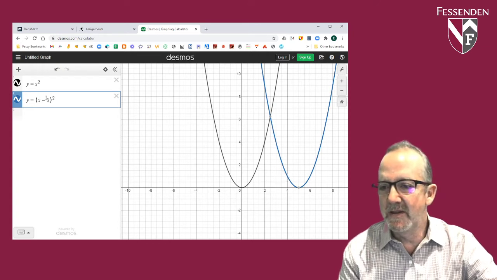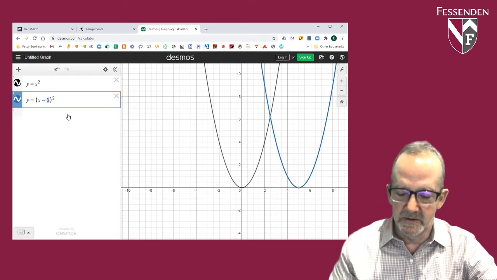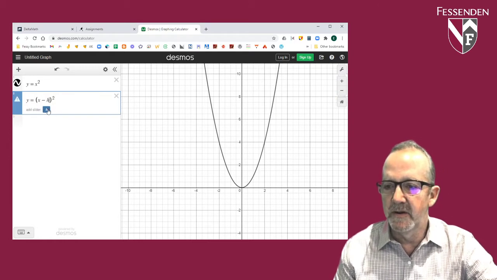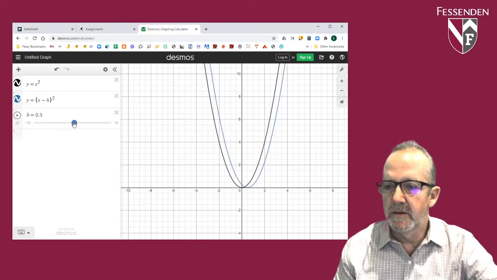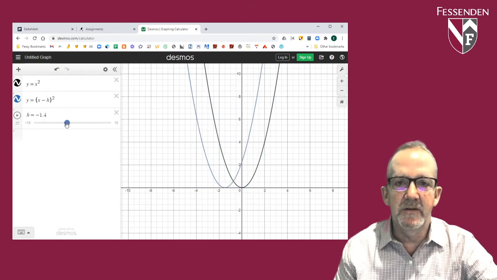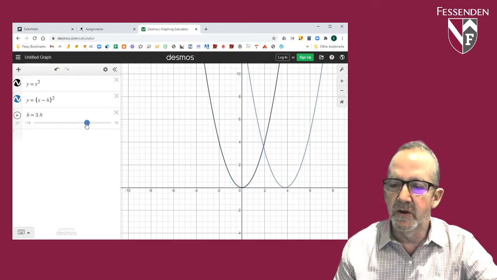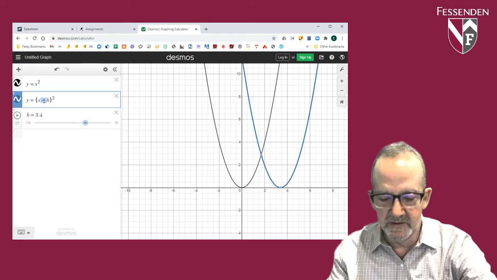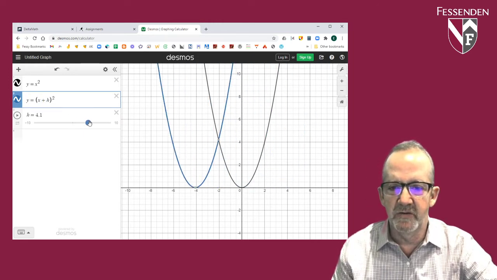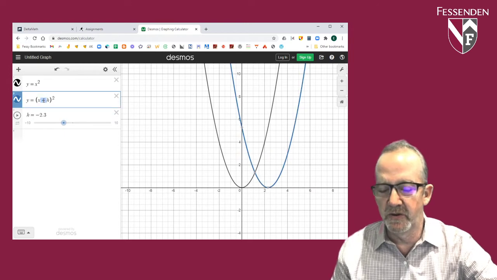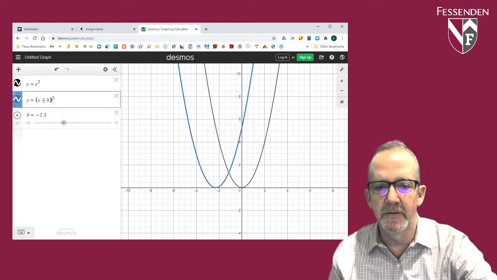So the inside here has an opposite feeling. So if I make that the H and add the slider, if I keep this as a minus and I go left, it will go left. And if it goes right, it will go right. If this had been plus, then it gets funky and it would be the opposite direction of the way the slider goes. So really important that we think of that as a minus here.